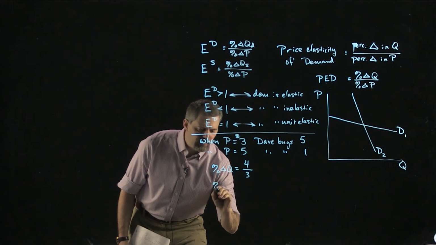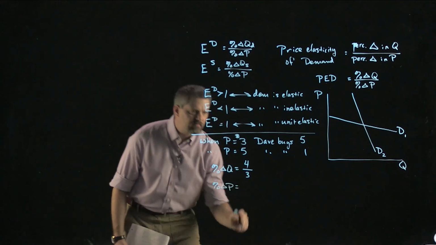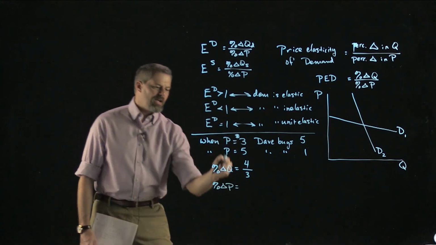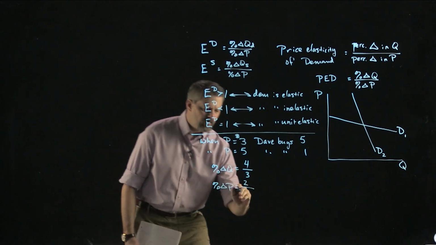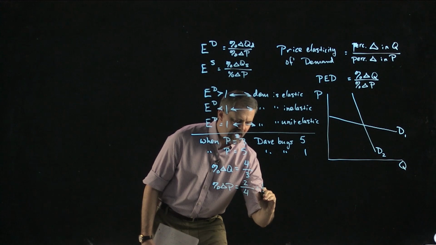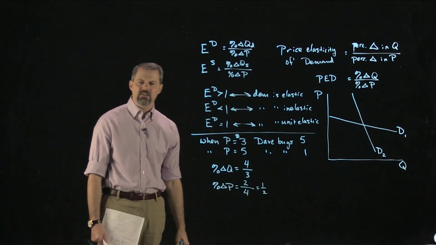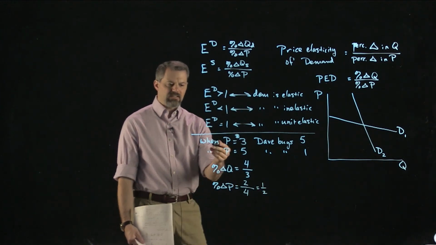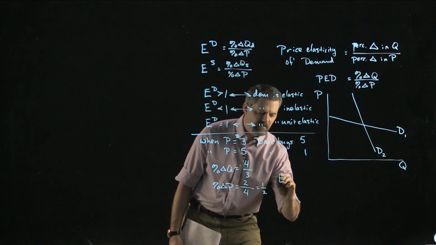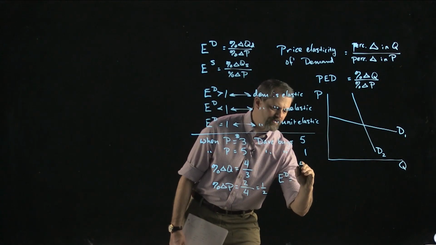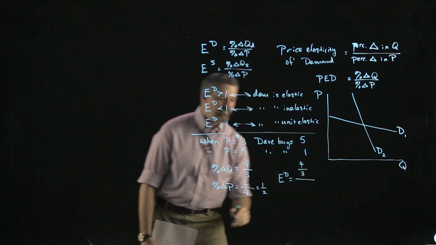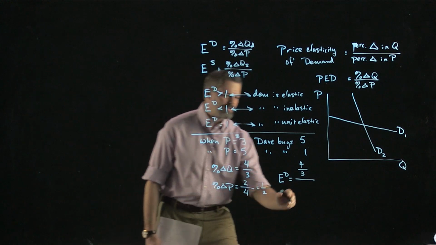My percent change in price changed by 2 units, and the average is 4. So this is equal to 1/2. My percent change in P is 1/2. And then my price elasticity of demand is just the percent change in quantity, which is 4/3, divided by the percent change in price, which is 1/2.